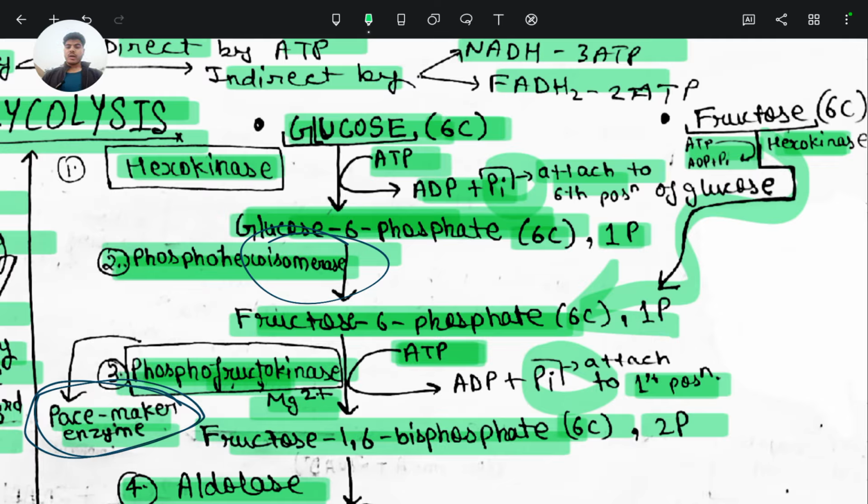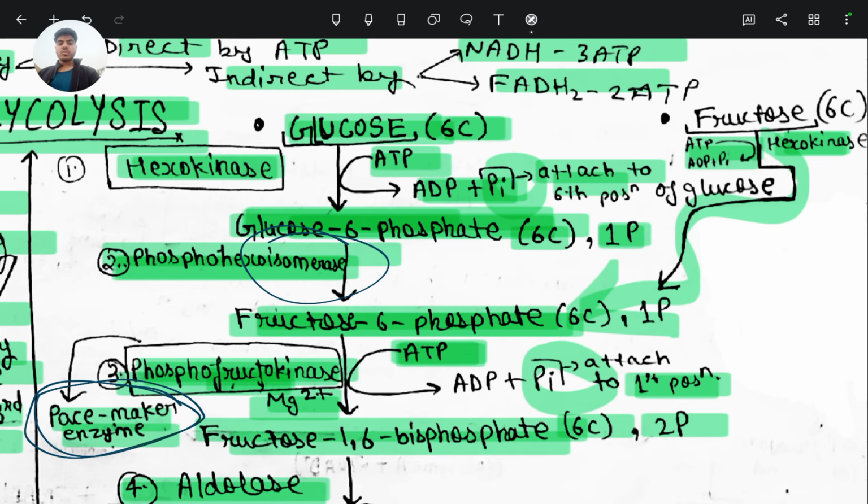So remember, at the first and third step 2 ATP are used, and at the seventh and 10th step 4 ATP are formed, and one NADH molecule is formed from glyceraldehyde 3 phosphate, or we can say 2 NADH molecules form at the sixth step of glycolysis. So this is important. Let's revise it.